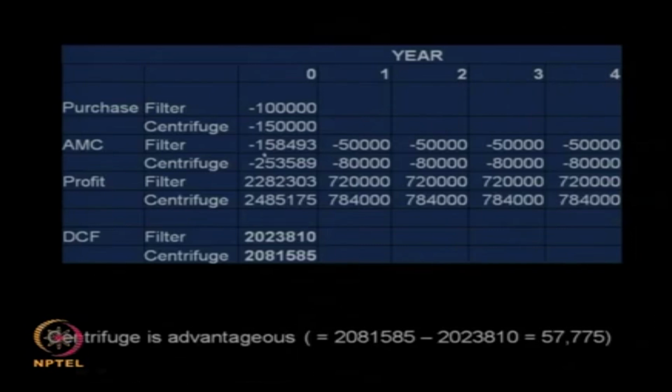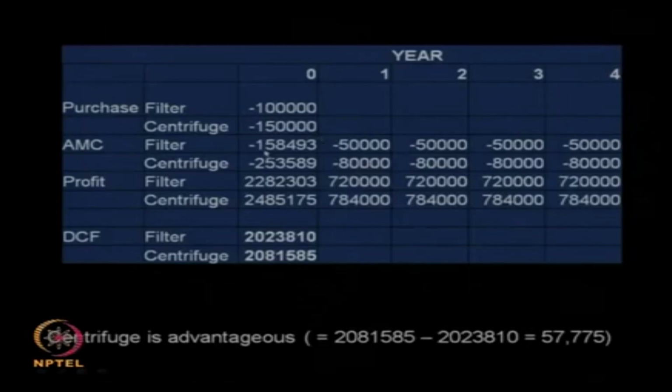If you add up all these you will end up with this particular number. It is not exactly 50,000 into 4, which would be 2 lakhs, but actually the net present value for the AMC is only 1.58493 lakhs. That is because the value of the money you have in the first year is much less than the value of the money you have today.